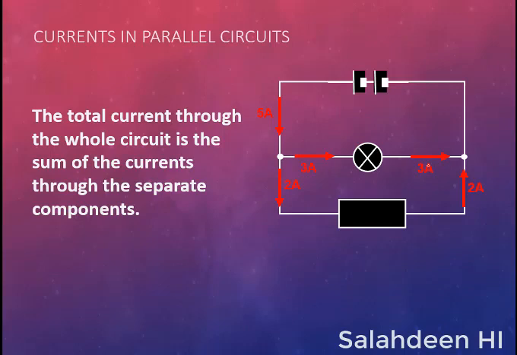You can see 3 amperes added to 2 amperes gives us 5 amperes. At this point the two are added, so that's why we have 5 amperes.